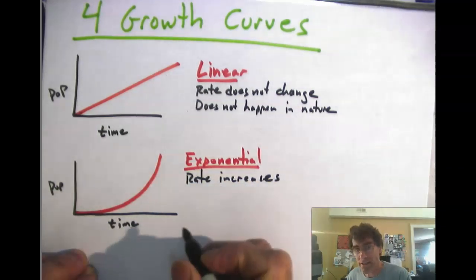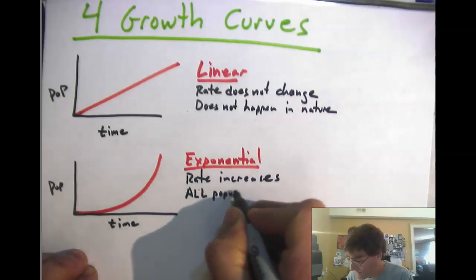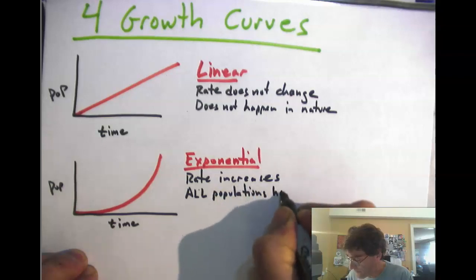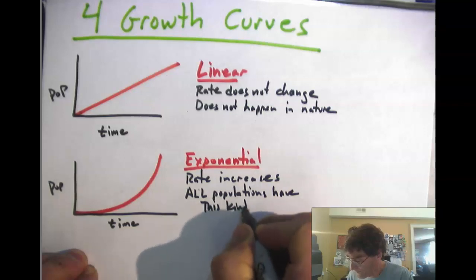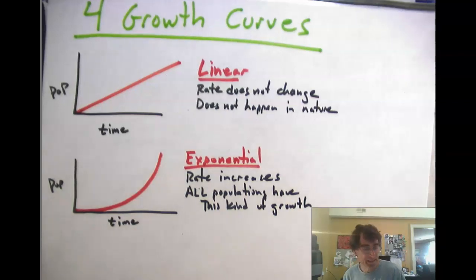As it turns out, all populations experience exponential growth, at least in the beginning.